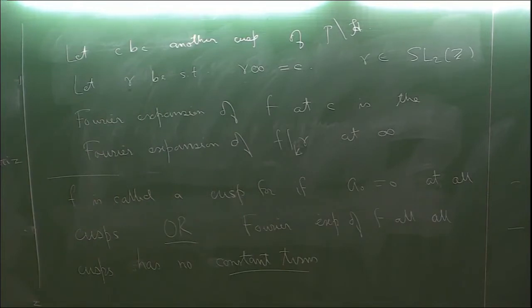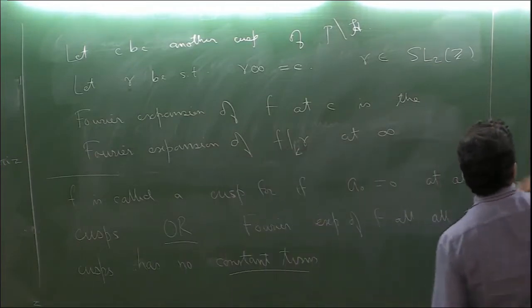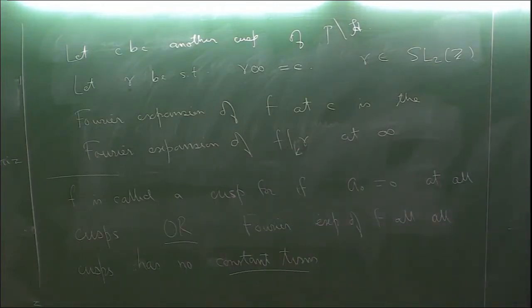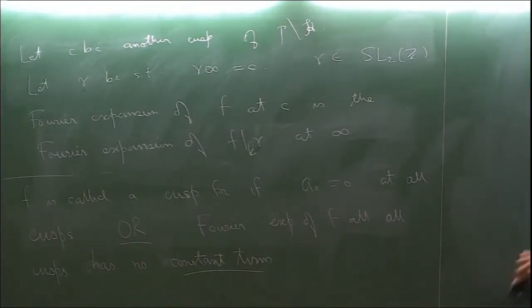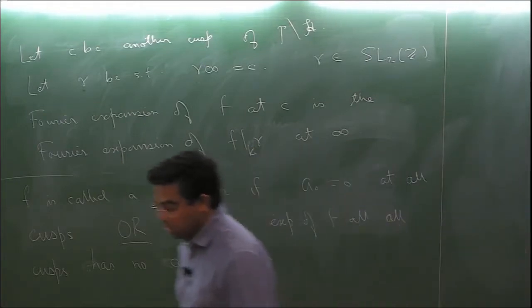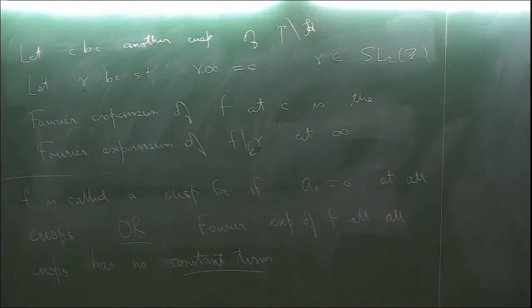In a while we'll see examples of modular forms, and there will be two kinds. One will be Eisenstein series, which are not cusp forms, and then we'll see this delta, Ramanujan's delta function, which is a cusp form, and then the theta series, which is often a cusp form.